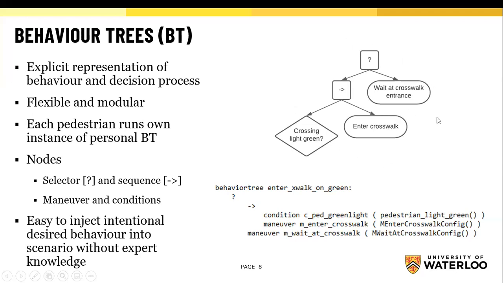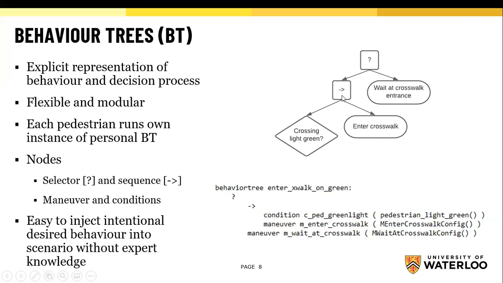This is a behavior tree that a pedestrian could use after they've decided to cross a crosswalk, but now they have to make the decision on when to enter the crosswalk based on the crossing light state. We start in a depth first fashion, going all the way to the leftmost leaf node. This is a condition node that checks if the crossing light is green. If it is green, then this node returns a success.